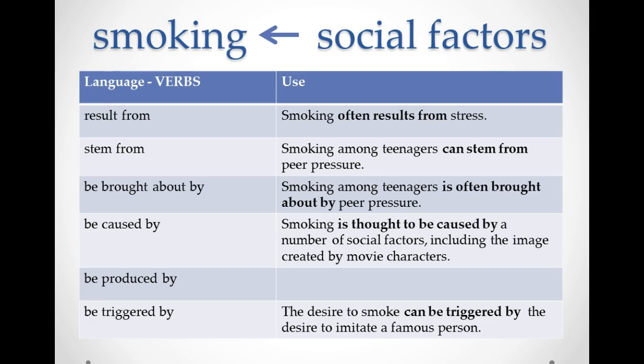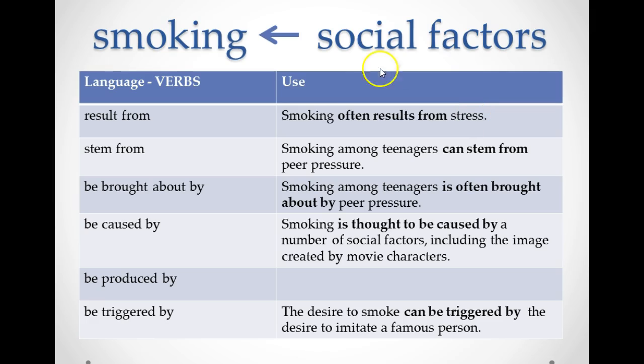Now, these ones are different. The effect is first. Smoking is the effect of stress. Here are the verbs, and notice these four are passive. Let's have a look. Smoking often results from stress.